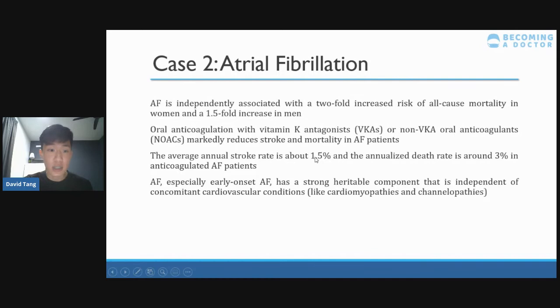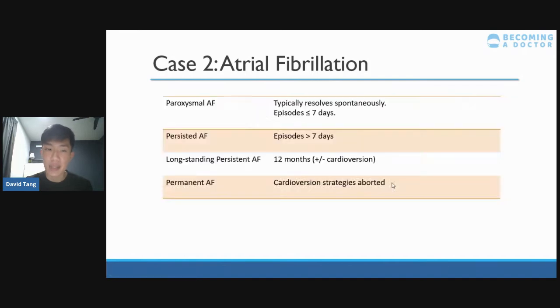Actually, my apologies, the average stroke rate is 1.5%, and the death rate is around 3%, even in anticoagulated patients. And lastly, for patients who develop AF at an earlier stage, in the younger population, we always think about inherited cardiac conditions such as cardiomyopathies and channelopathies.